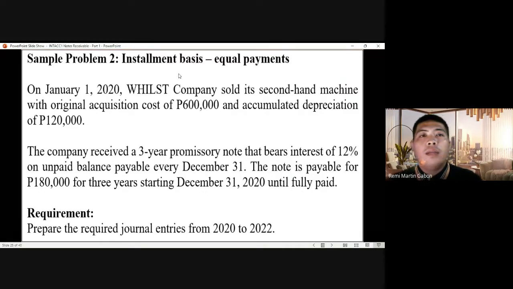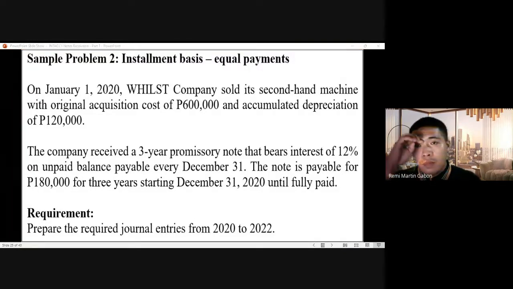Example, installment basis with equal payments. On January 1, 2020, Wills Company sold again second-hand machine. Acquisition cost, 600,000. Accumulated depreciation, 120,000. 3-year promissory note pa rin. Interest bearing of 12%. Then the note is payable in equal payments of 180,000 for 3 years starting December 31, 2020 until fully paid.